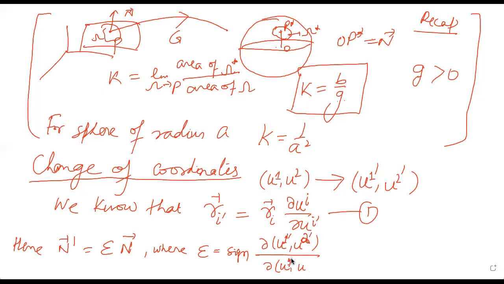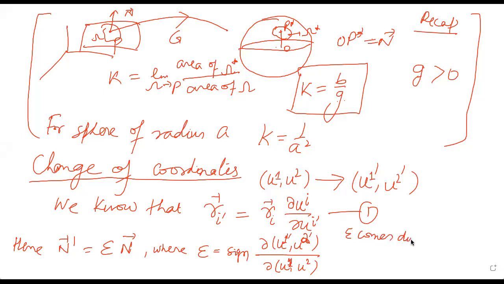Keep this in mind for the test, del of u1 u2 over del of u1 u2 dash. So the new normal will be epsilon times the old normal, principal normal, where this epsilon comes due to the change of sign.